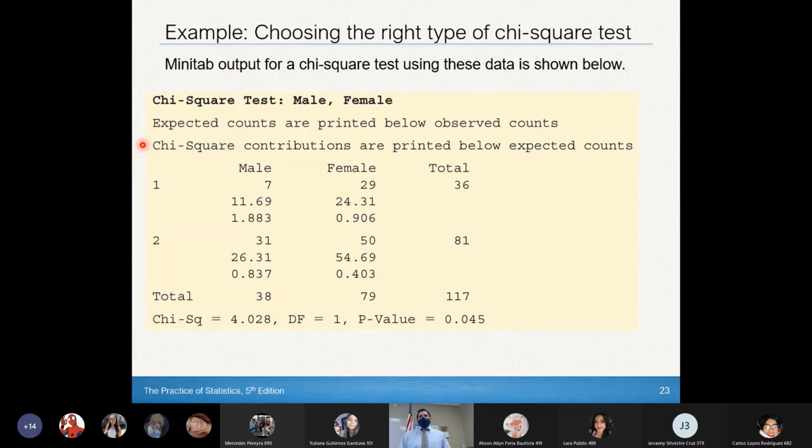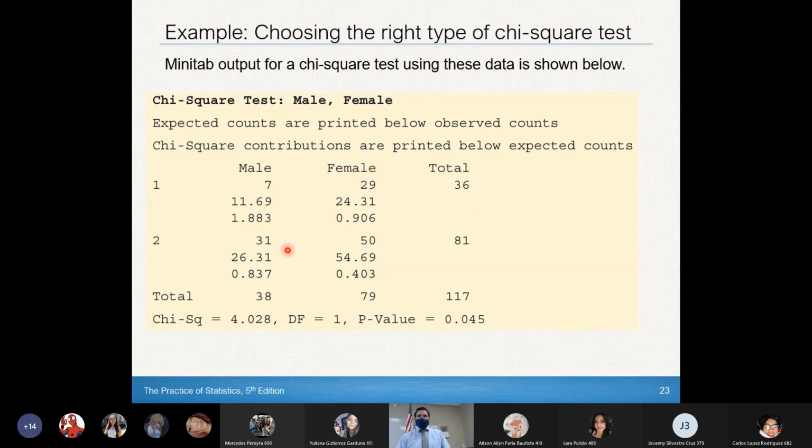Minitab is a program that can produce these types of tests with given data. We don't have access to Minitab, but the people with the textbook do. So we have our chi-square test, male, female, expected counts are printed below observed counts, and chi-square contributions are printed below expected counts. So we have observed, expected, chi-square contribution.